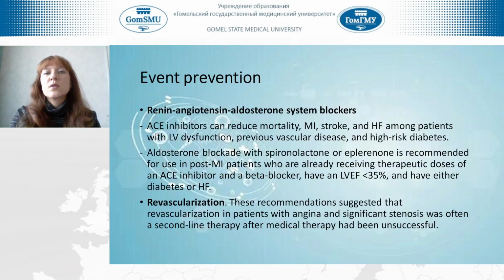Renin and aldosterone system blockers. ACE inhibitors can reduce mortality, myocardial infarction, stroke, and heart failure among patients with left ventricular dysfunction, previous vascular disease, and high-risk diabetes. Aldosterone blockers, spironolactone or eplerenone, are recommended for use in post-myocardial infarction patients who already received a therapeutic dose of ACE inhibitors or beta blockers, have a left ventricular ejection fraction less than 35, and have diabetes or heart failure.